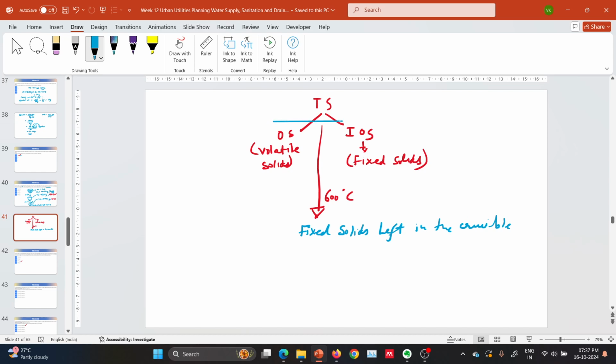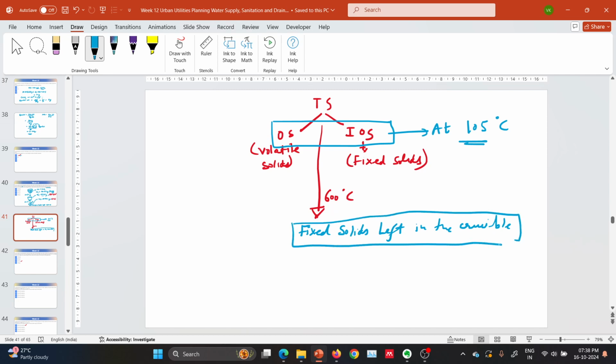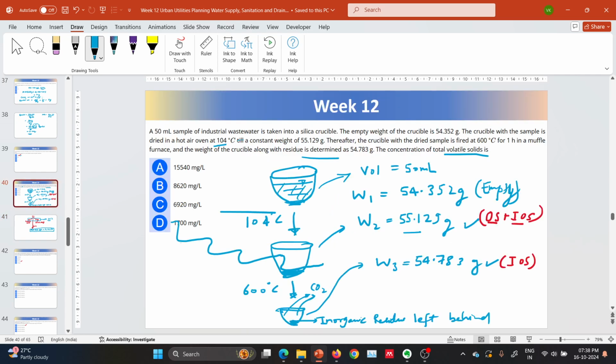These are obtained at 105 degrees Celsius, around this much, and this is obtained at 600 degrees Celsius. This is done in the muffle furnace. So here only inorganic solids will be left behind. So the difference of these two will give us the volatile solids. Now let's calculate.